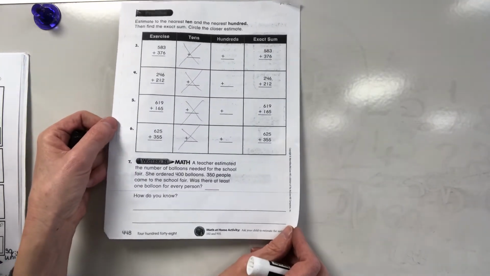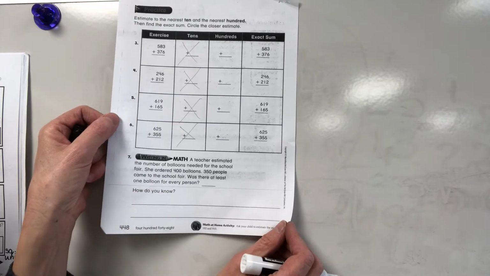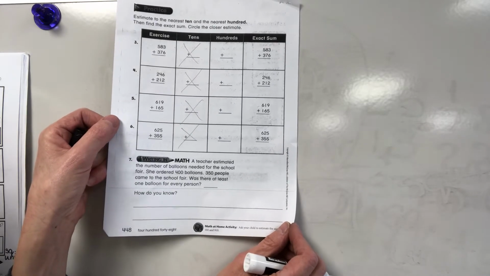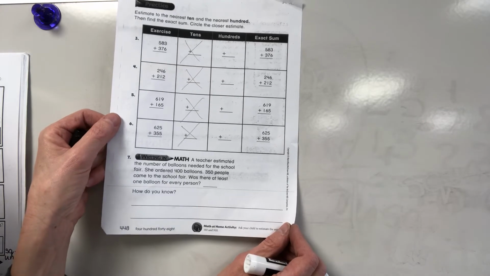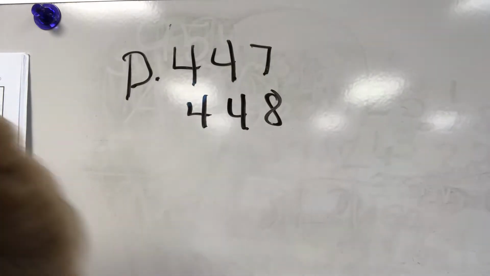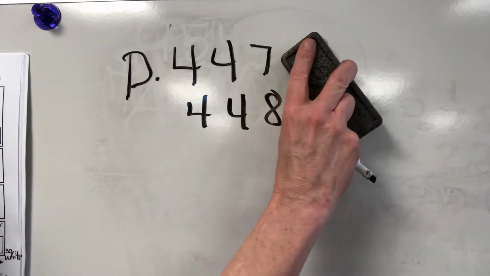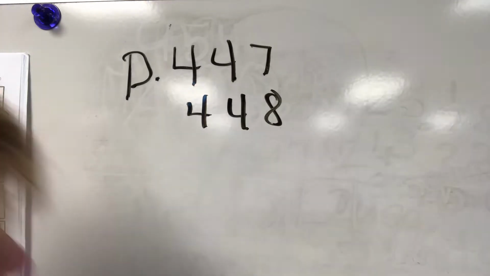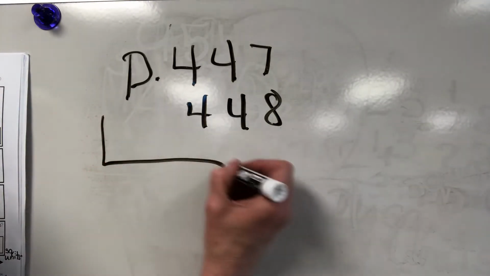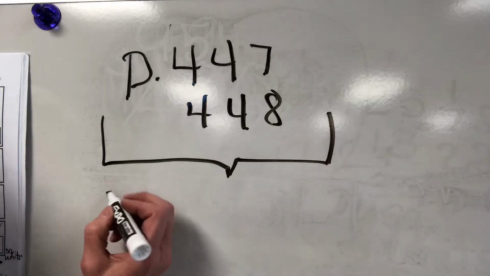I'm not going to have you do as much, because there's a lot going on this paper, and I'm choosing what I think we need most practice on. So boys and girls, we are going to work on page 447 and page 448, but this is the only parts of these pages we're going to do.